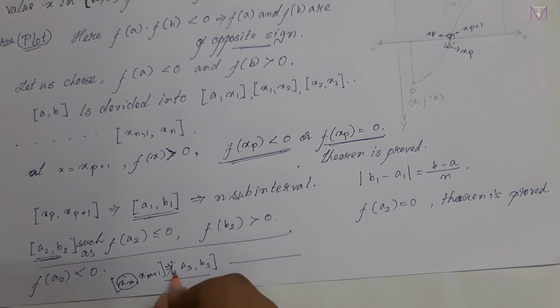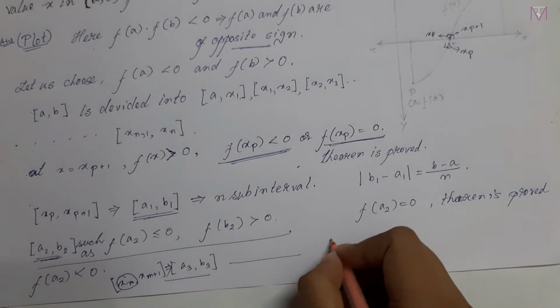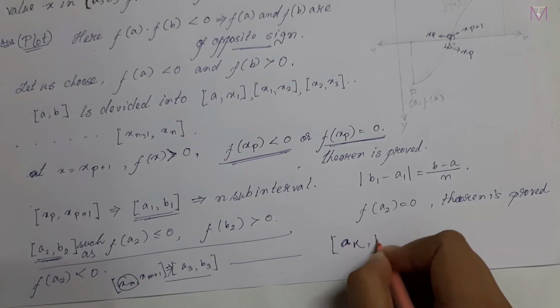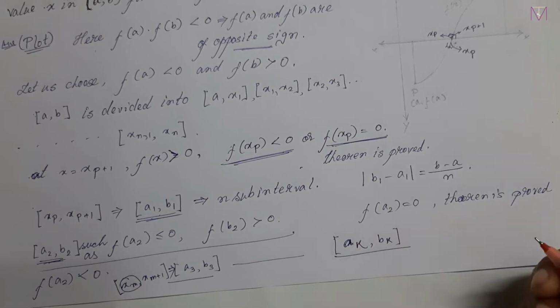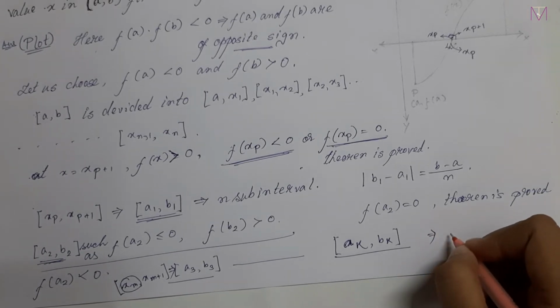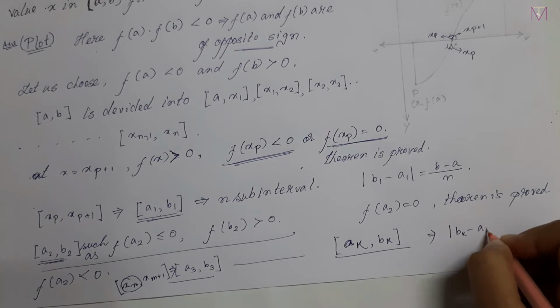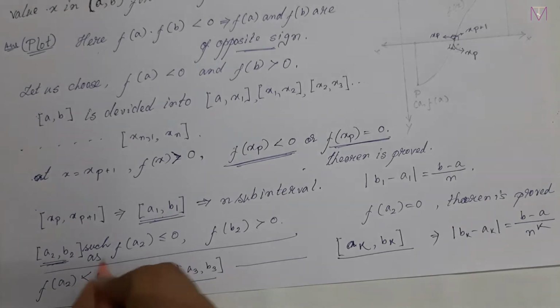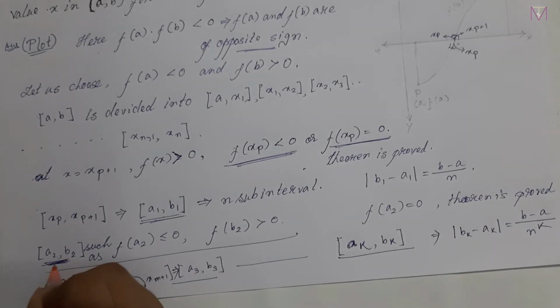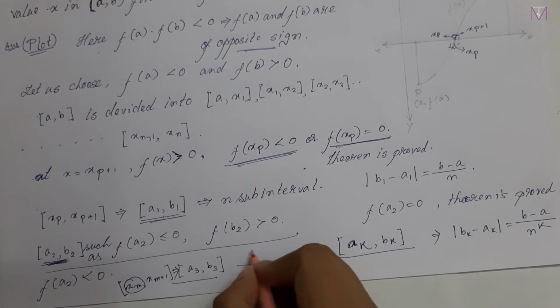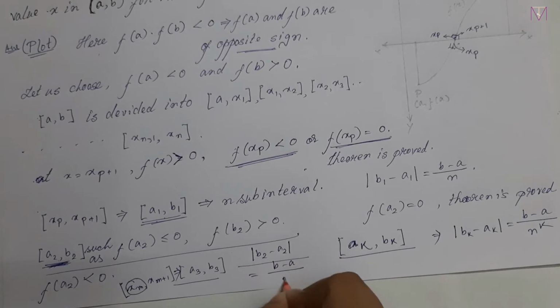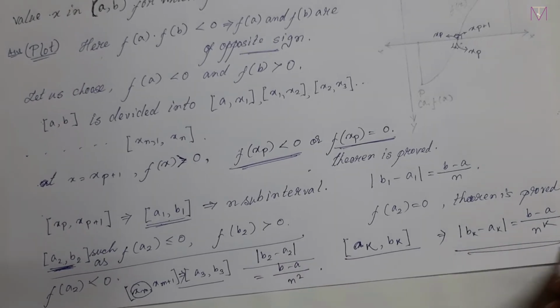Then proceeding in this way, we will get a sequence of intervals just like this. And the length of this interval is (b minus a) by n to the power k, because if we calculate the length of (a2, b2), we get (b minus a) by n squared.